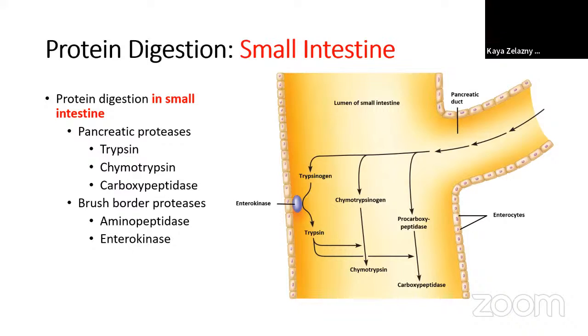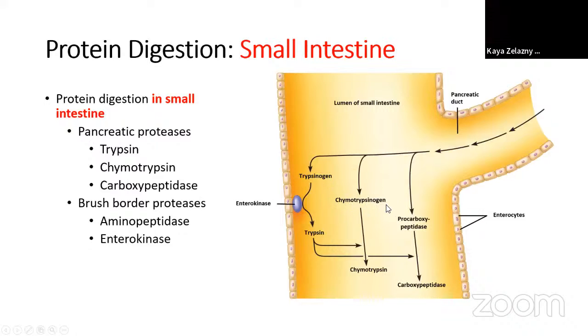In that pancreatic juice, we have our pancreatic proteases: trypsinogen, chymotrypsinogen, and procarboxypeptidase coming into the small intestine here. You'll notice in our diagram we have trypsinogen and chymotrypsinogen.